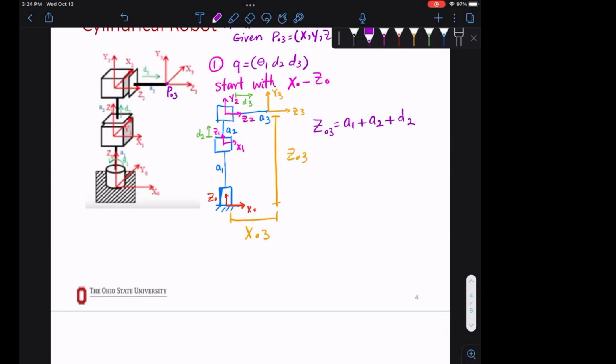What are we trying to find? An expression for D2. So D2 is whatever Z03 is minus A1 minus A2. A1 and A2 are given because they are part of the structure; the link lengths do not change. Z03 changes based on the input you get from the user, or wherever you want the end effector to end up.